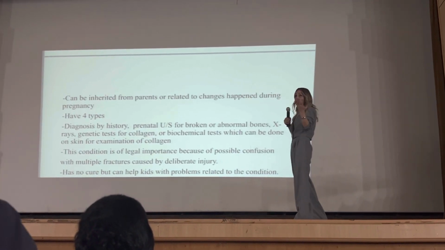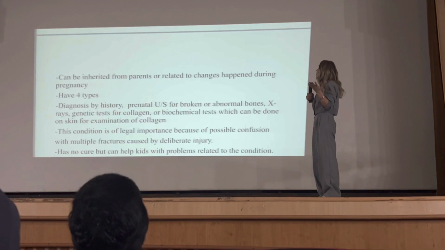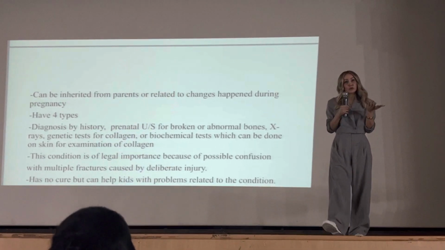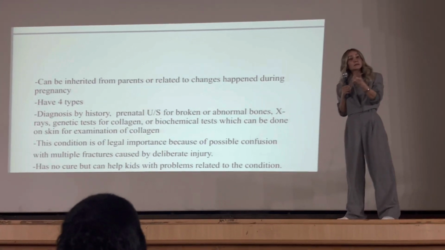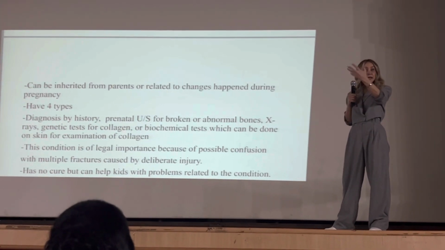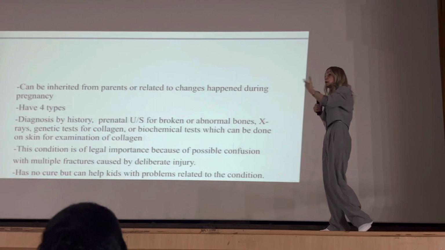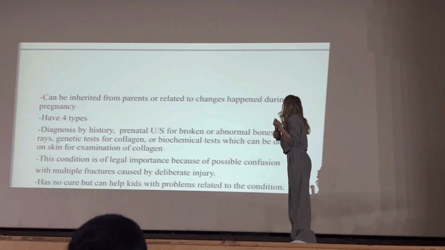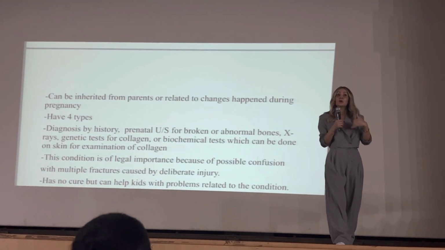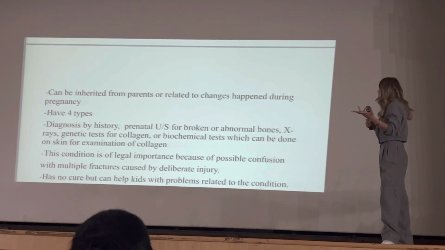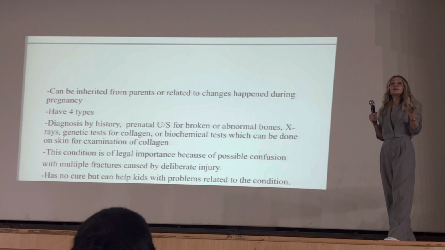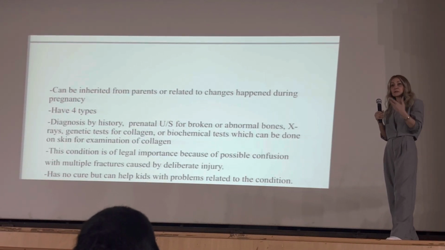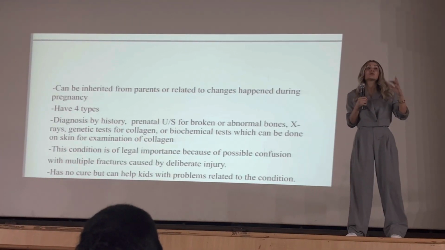So it has 4 types. Diagnosis: how can we diagnose a case of osteogenesis imperfecta? By history, including family history, and for example prenatal ultrasounds, which can show abnormalities such as fractures. X-ray can show other suspicious findings, though it's not a must.